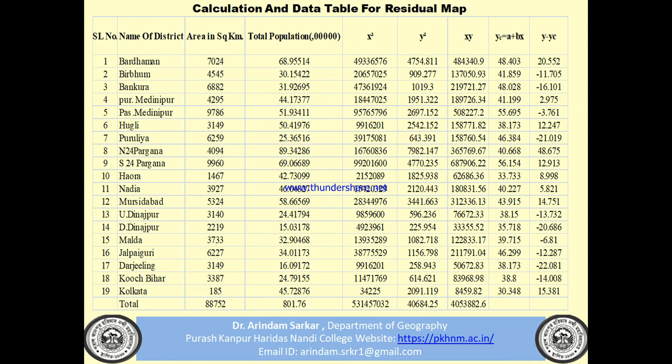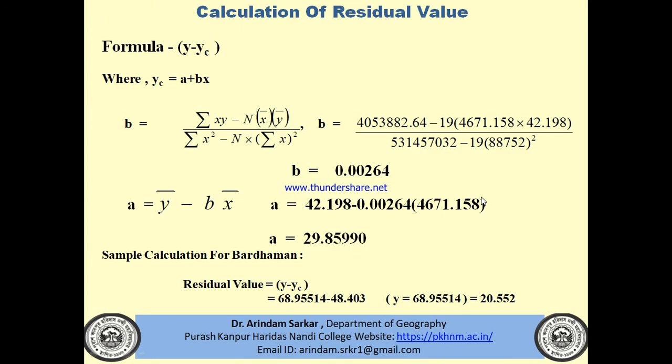That is y minus yc, the residual value, and that is the expected value. For the calculation of the residual value, you first calculate the b value, then the a value, then you can calculate the yc value, that is a plus bx. Every district has its individual yc value. Then you go for the final stage, the residual value calculation, that is the individual y value minus the individual yc value.